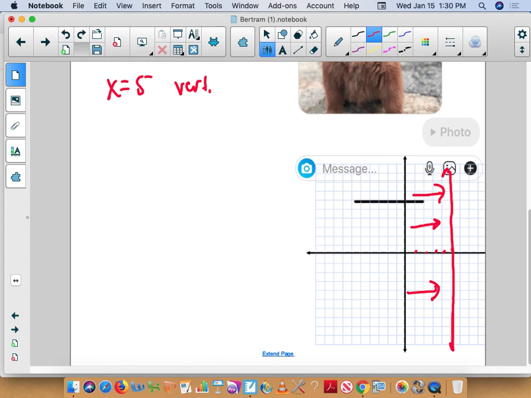Yes. Okay, I counted out 5 every time. All of my points, x is equal to 5, as a vertical line. The equation means that the line goes through the x-axis at 5. A vertical line would go through the x-axis. It's not a horizontal line. So this is easy to remember. X equals go through the x-axis.